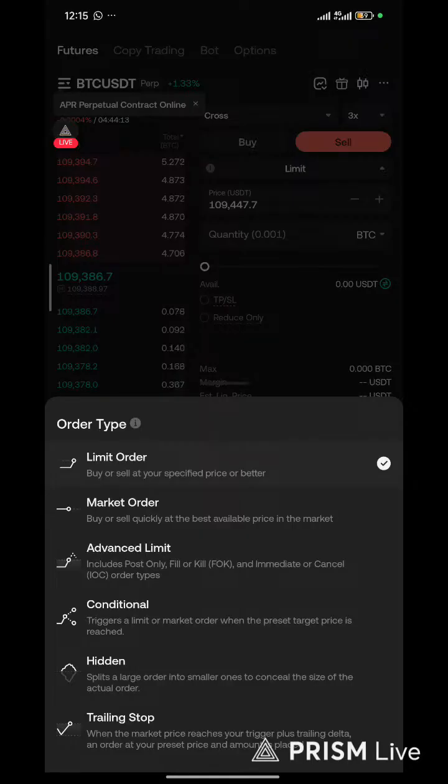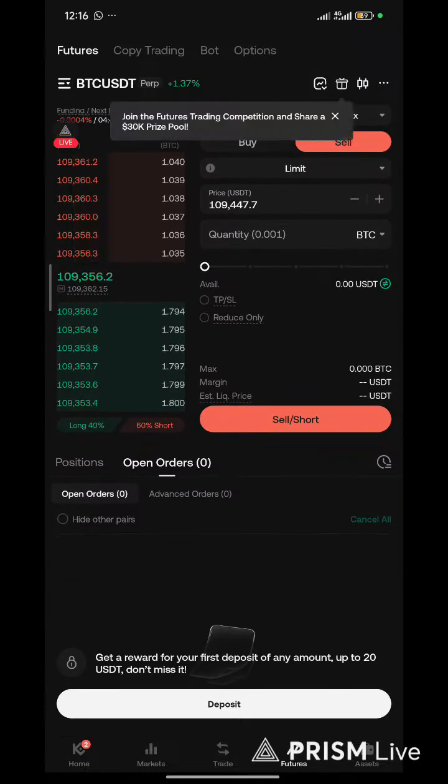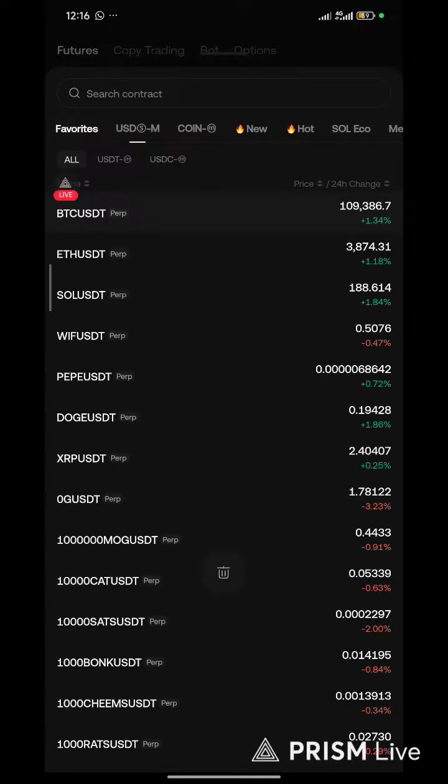The price of BTC currently now is 109,383.2 US dollars. That is the value of 1 BTC. Now the value is 109,356.3 US dollars.